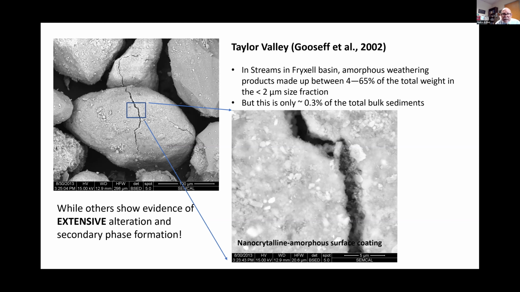If you take a smaller scale image on the right-hand side, you can see that it's coated with nanocrystalline amorphous, mostly silica. There's a little bit of aluminum and some sodium and iron in that coating, but that's very amorphous. That bright color is the amorphous silica aluminum oxide that we're seeing on the crystal surfaces.